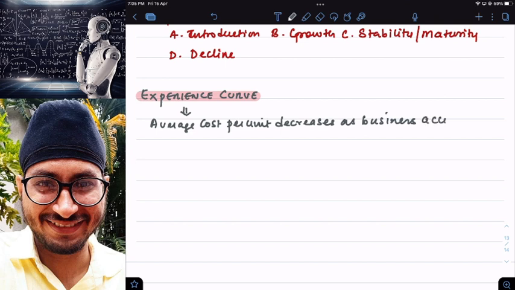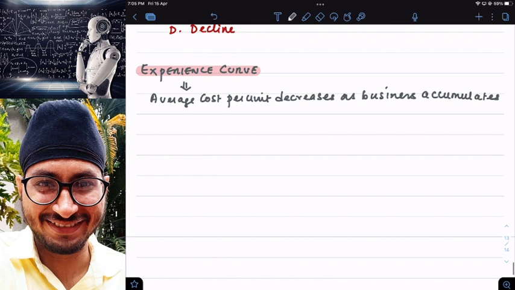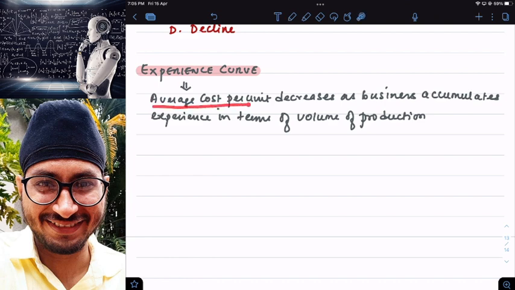Clear? I repeat, they say average cost per unit decreases. When my experience increases, average cost per unit decreases.